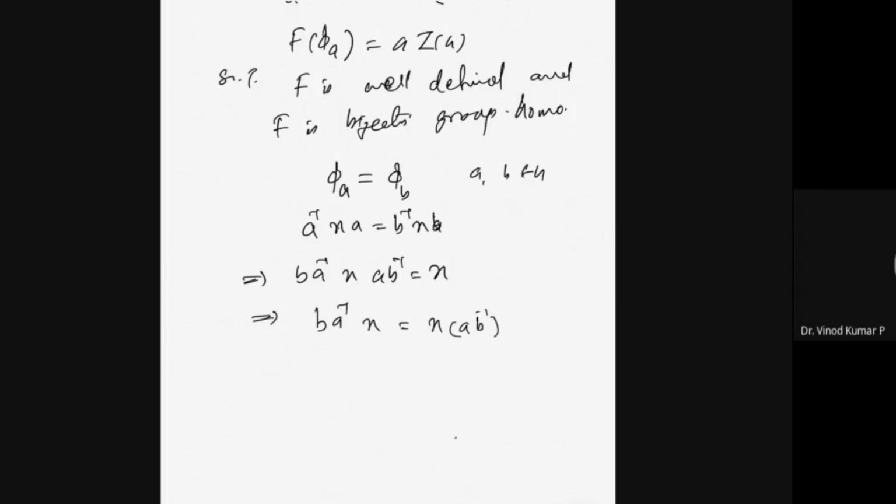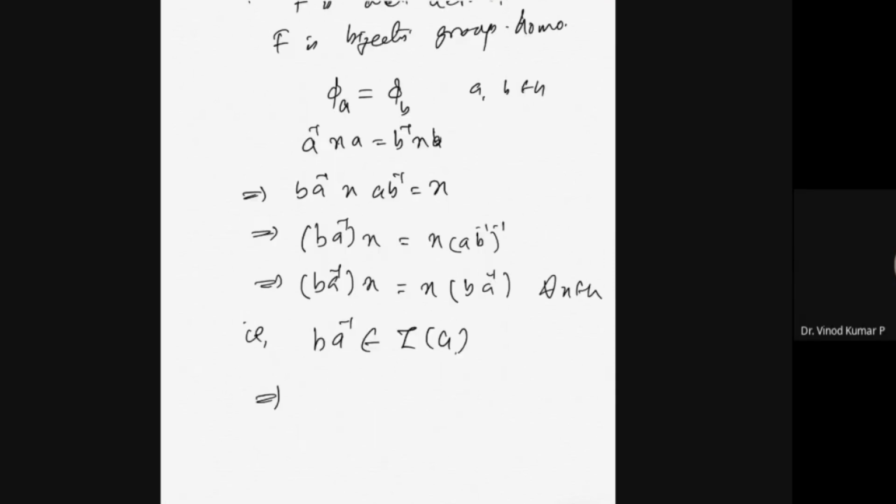So actually I want to say that b a inverse commutes with all elements of G. That means b a inverse belongs to the center of G. Now you know that two cosets are equal if and only if this condition holds, b a inverse belongs to the group.